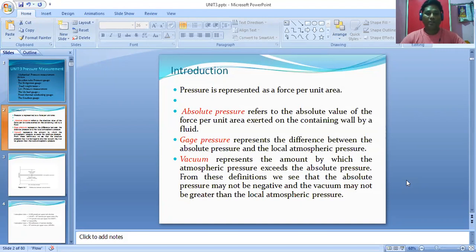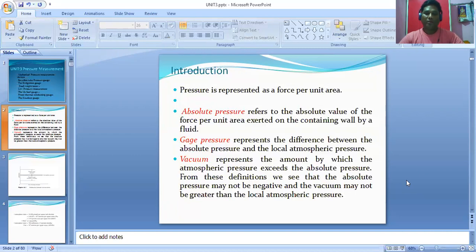The first thing, absolute pressure. It refers to the absolute value of the force per unit area exerted on the containing wall by a fluid. The second is gauge pressure, which represents the difference between the absolute pressure and the local atmosphere pressure.